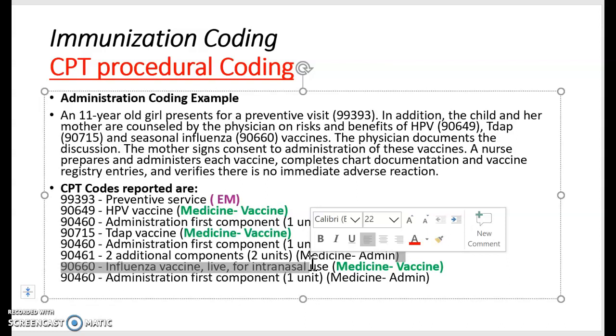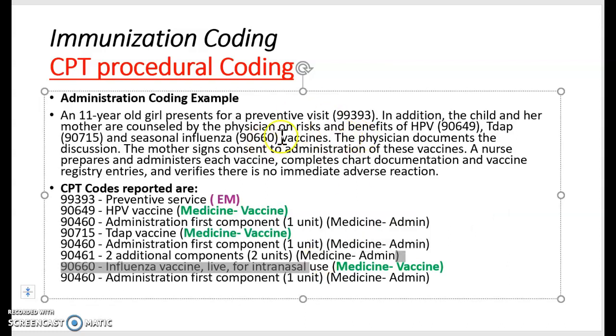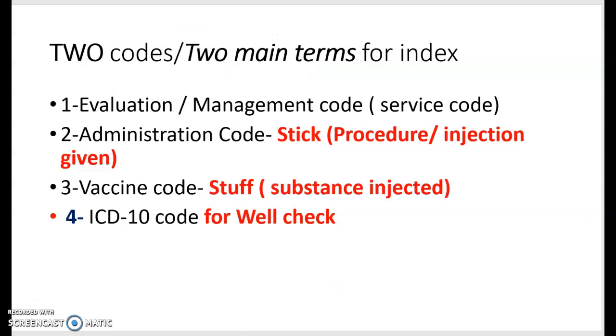Why do we have so many codes, right? When you do this question on your own and review the CPT procedural book, you will understand exactly how you did it. I'm also going to give you a few more tips to make sure you understand how to follow the immunization scenario.